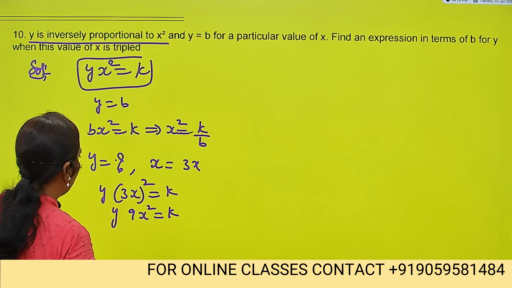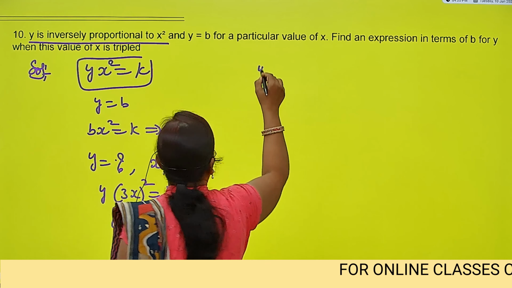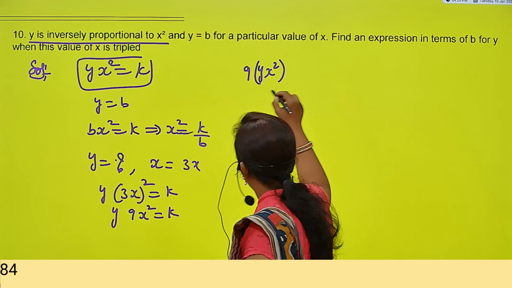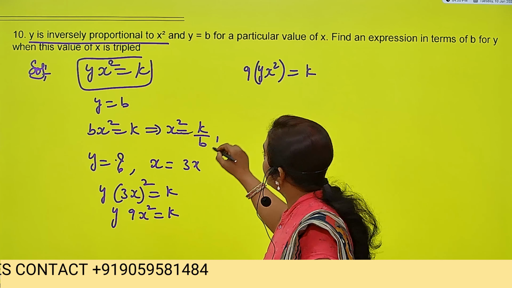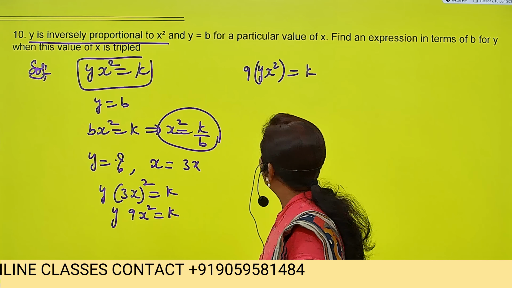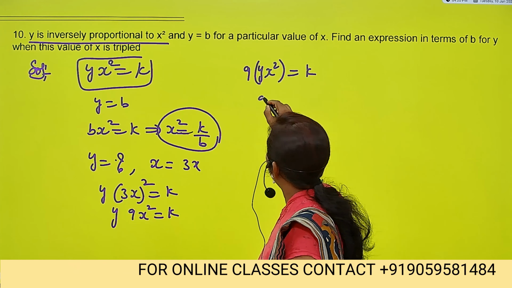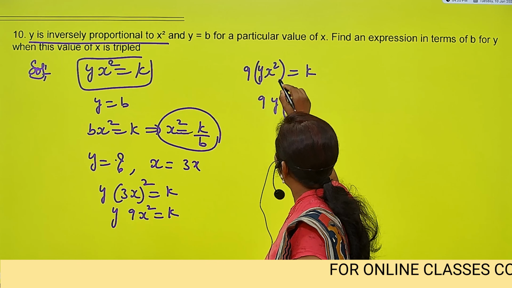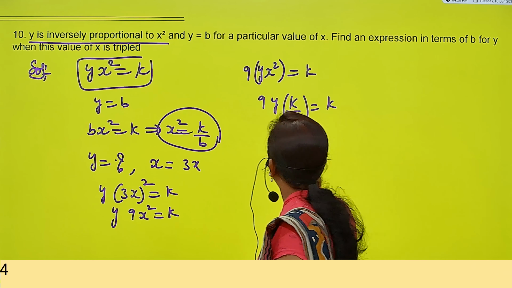Here we write y x square multiplied with 9 equal to k. Substitute x square equal to k over b: 9 y into k over b equal to k.